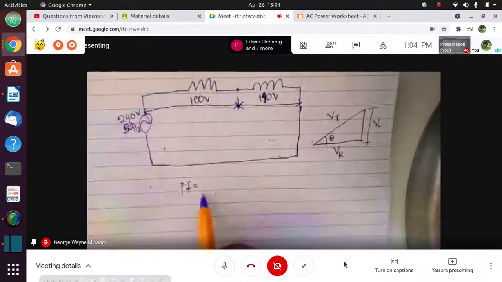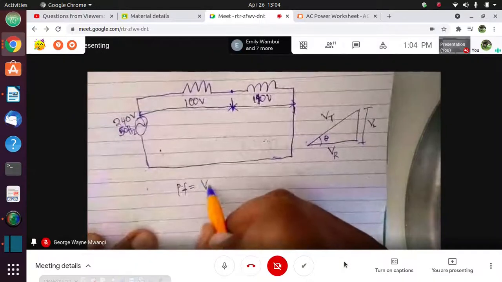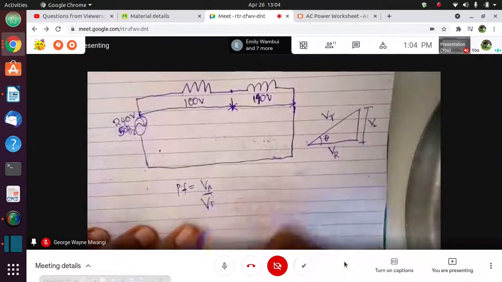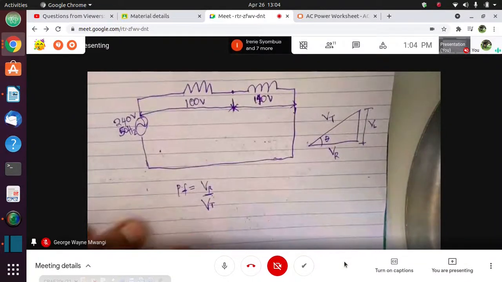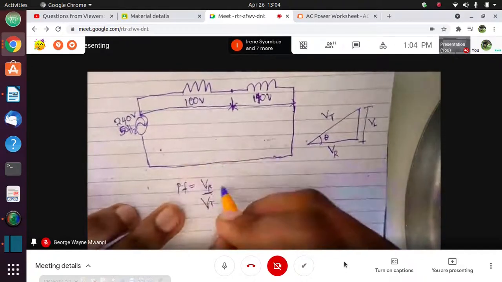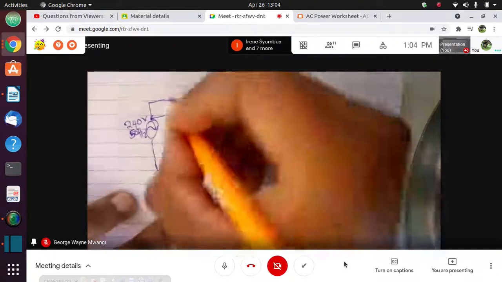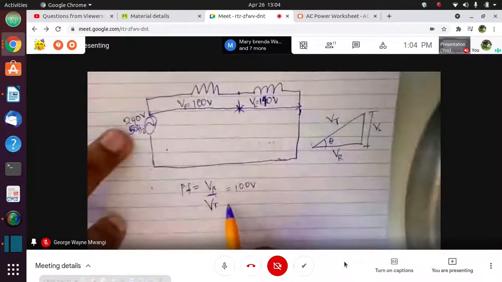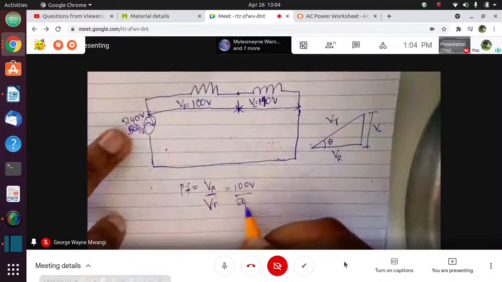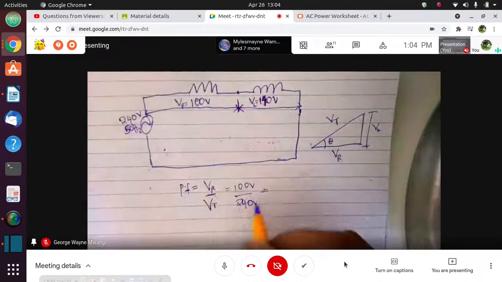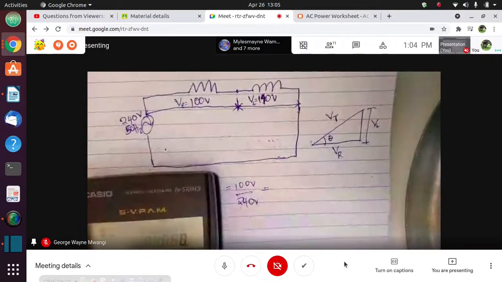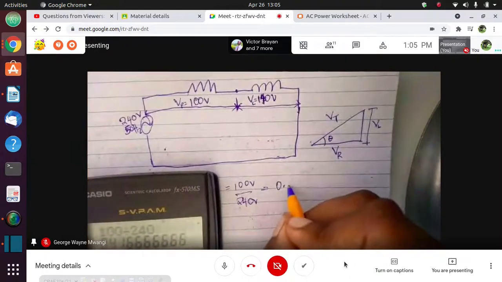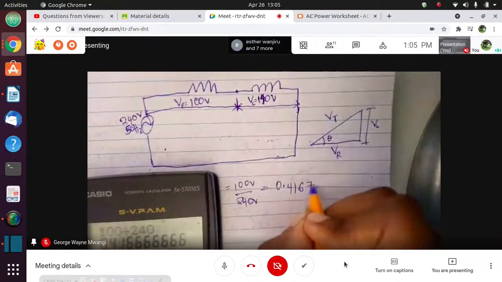The power factor will therefore be the voltage across the resistor divided by the total voltage in that circuit. The voltage across the resistor in this case is 100 volts, VR, and the total voltage in our circuit is 240 volts. So our power factor will be 100 divided by 240, which gives us a power factor of 0.4167.